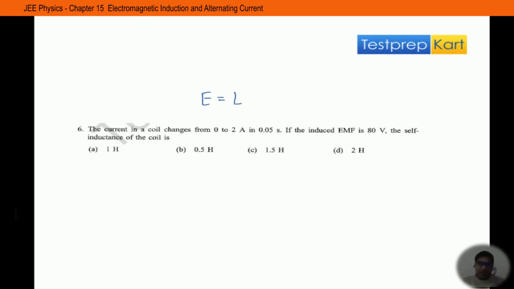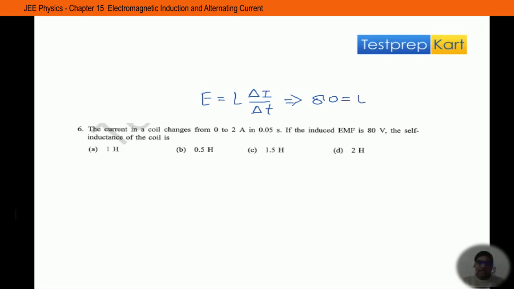So it is L delta I over delta T. Okay. Because it is for AC, it is E equals to L di over dt. So here we are writing delta I over delta T. Okay. So E is given 80 volt.